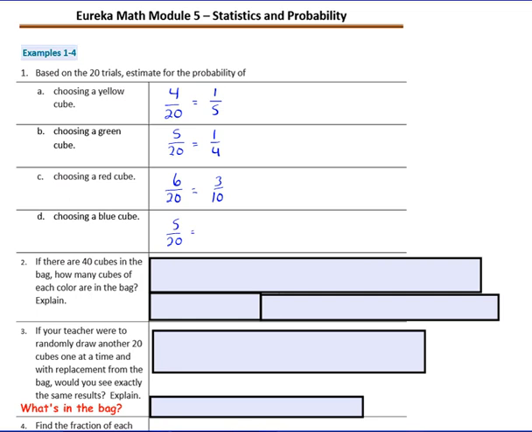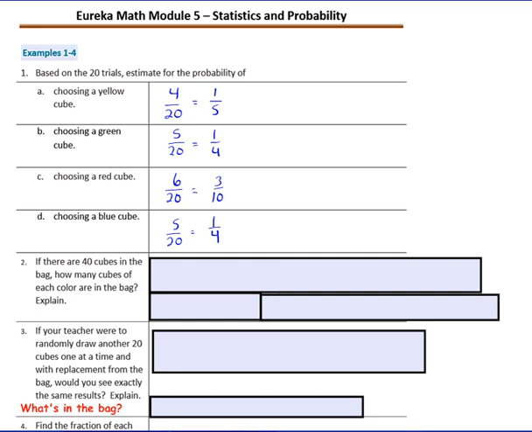That simplifies to 1/4. If there are 40 cubes in the bag, how many cubes of each color are in the bag? Explain. Notice that the probability for choosing a green cube and a blue cube turned out to be the same, 5 out of 20 and 5 out of 20.